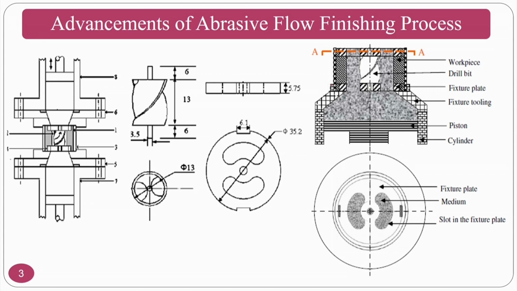Normally the fixture region is here, and these vents are there. Through the vent it will go, so that you can see in the bottom cross sectional view. Only thing is that we are restricting the medium at the center so that the number of active abrasive particles will increase.